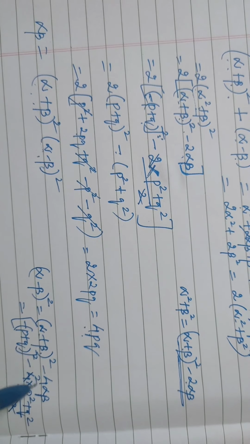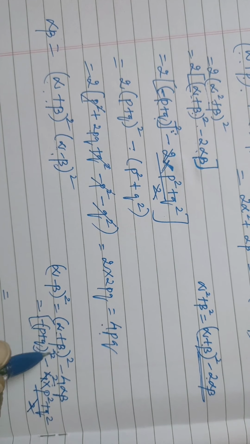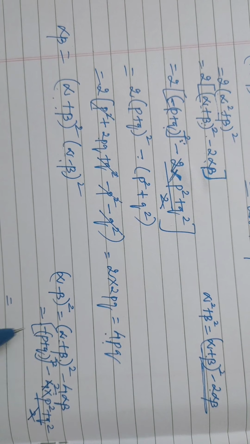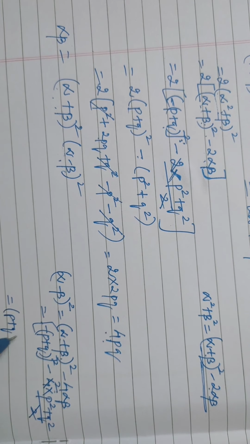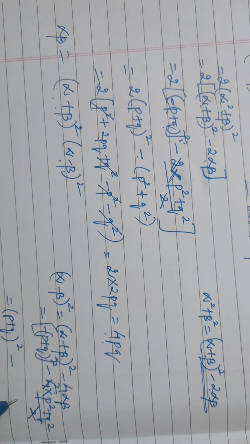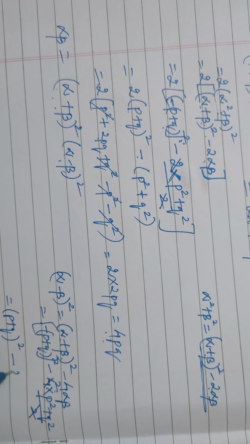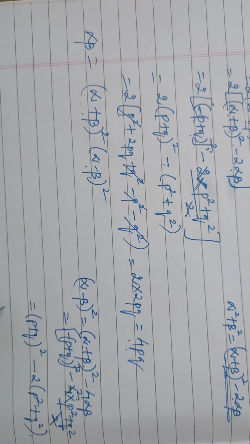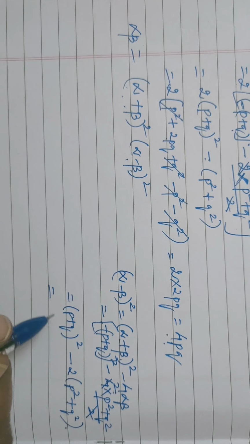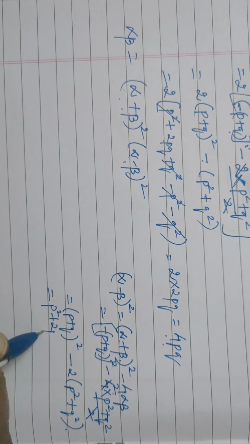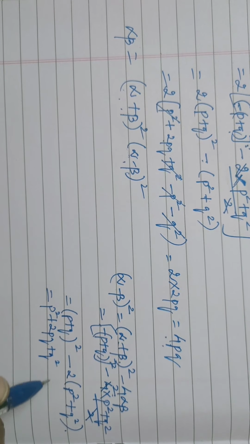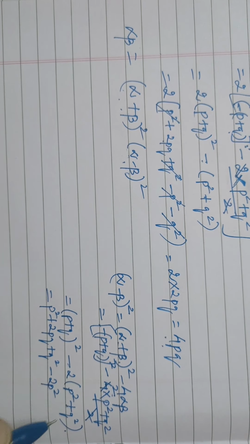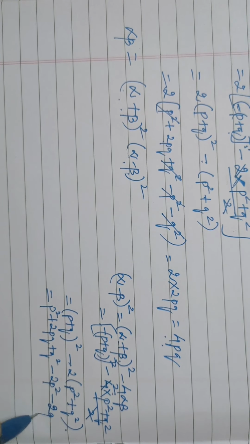Now this is in multiply form, I can cancel it, and minus, as we have done here, minus minus become plus. So we are left with p plus q the whole square minus this 2, okay, and p square plus q square inside here. Now we will use the a plus b the whole square formula: p square plus 2pq plus q square minus 2p square, minus into plus minus 2q square.